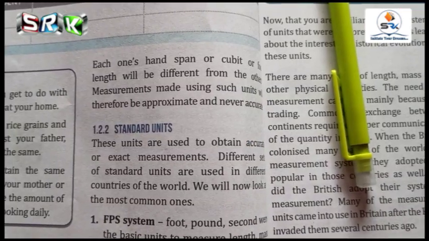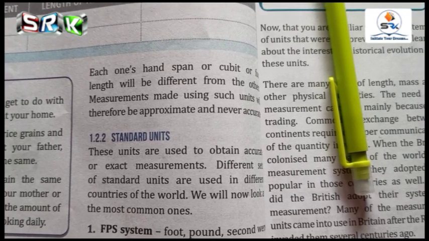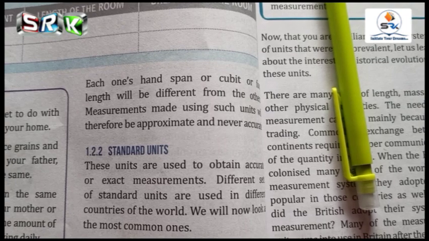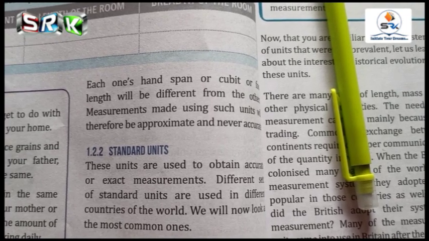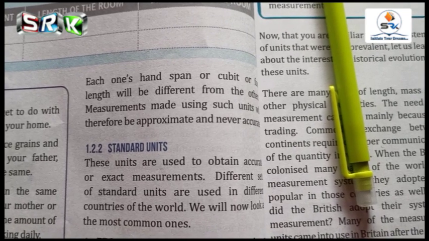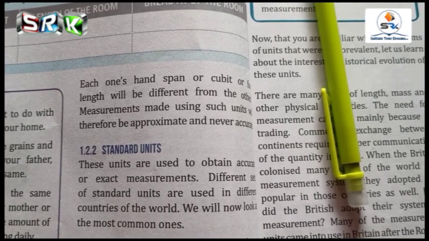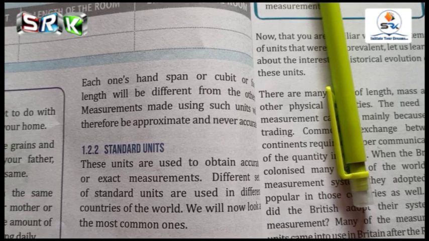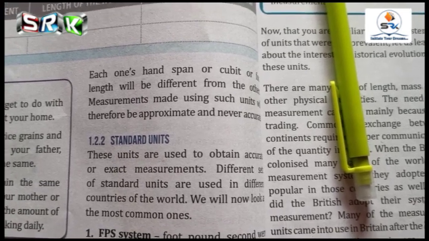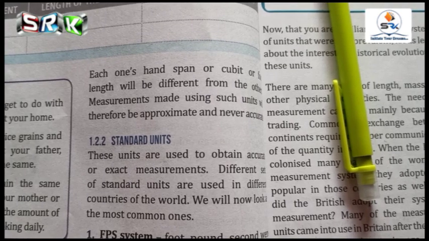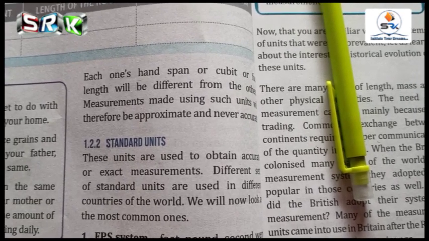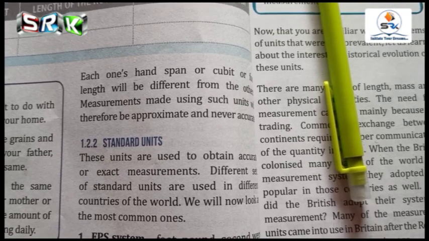So far we have seen handspan, cubit and foot length for measuring length using non-standard units. Can you answer now? Is your handspan equal to that of your partner? No, it will vary from person to person. Likewise, is your foot length or handful the same as your father's?